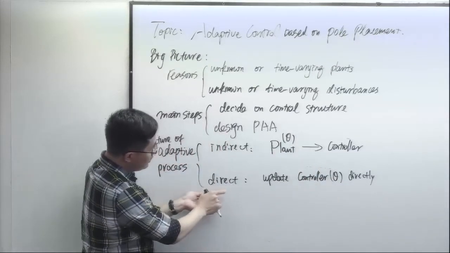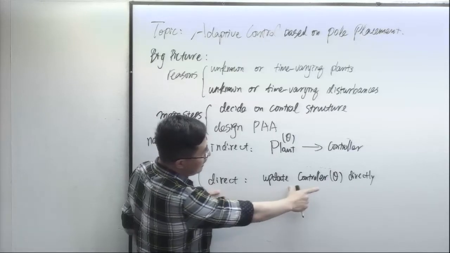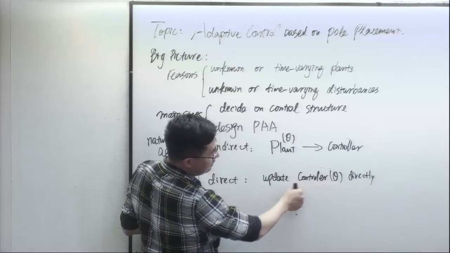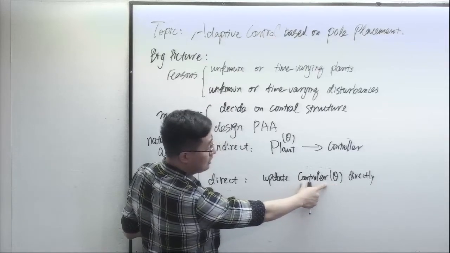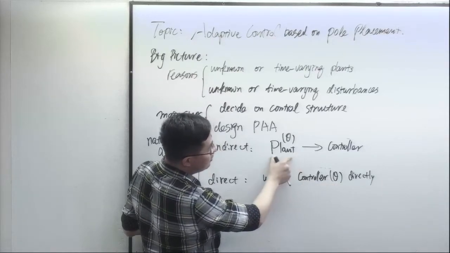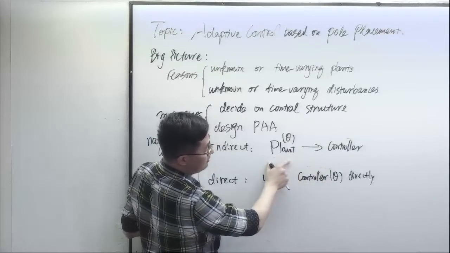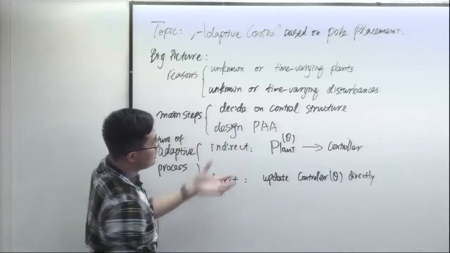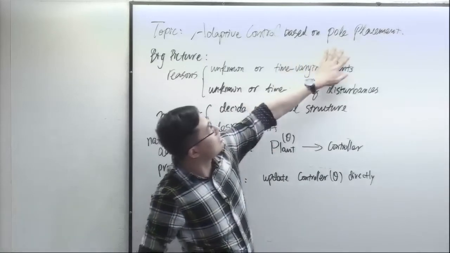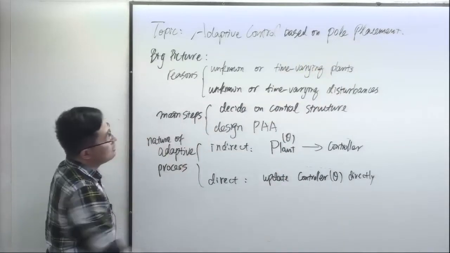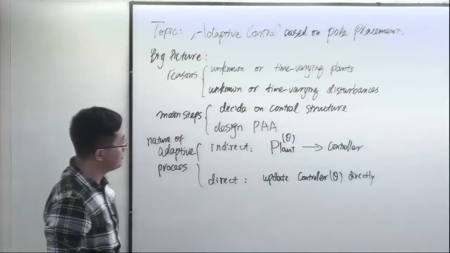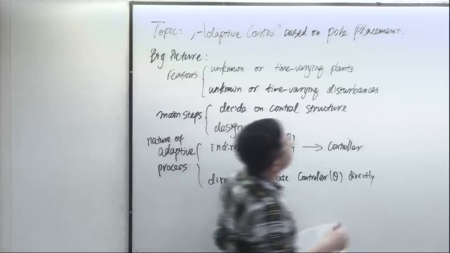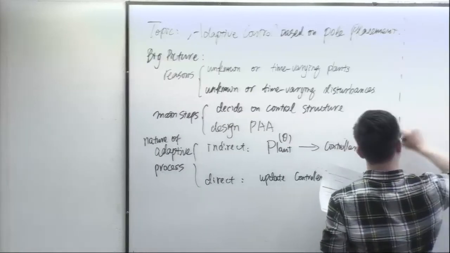A different approach is we update theta, where the parameters that we update are directly the parameters of the controller, and the plant parameters are not directly updated. Both these algorithms are possible, and we will see their implementations in this controller structure on pole placement. So today, let's talk about the pole placement structure for adaptive controls.